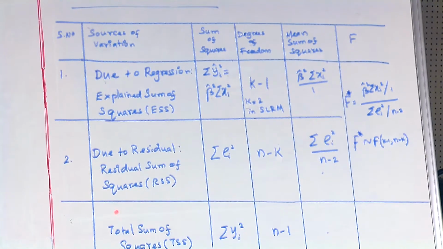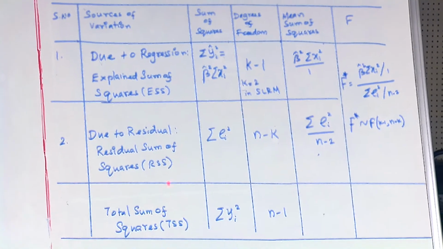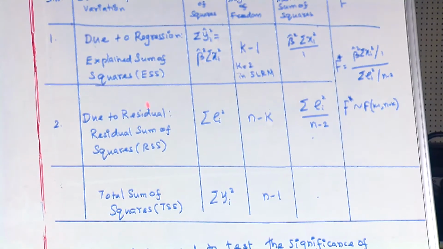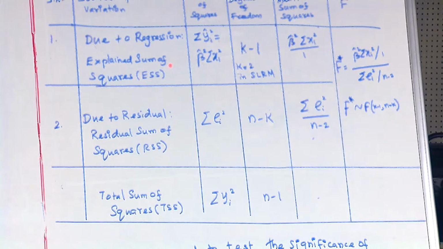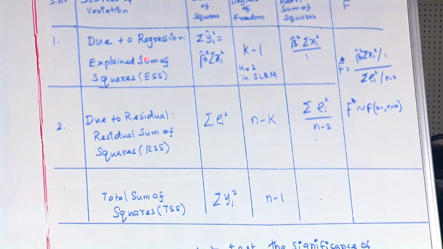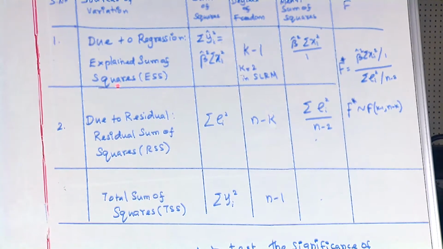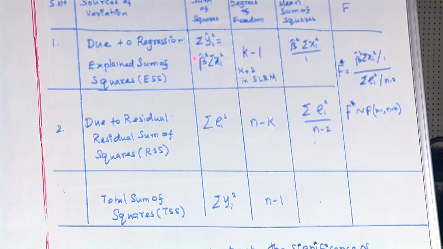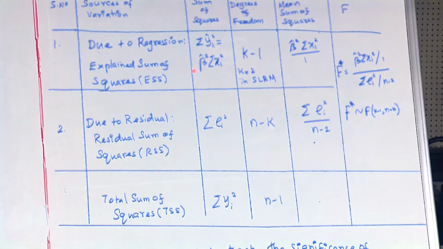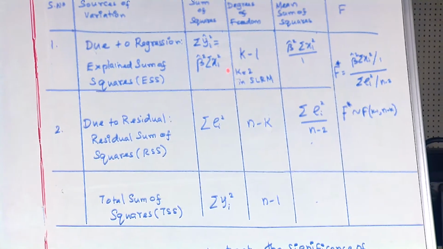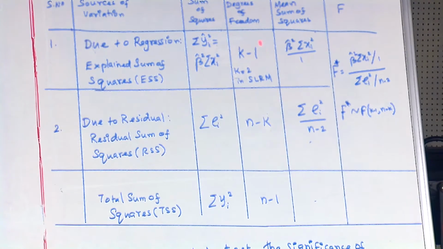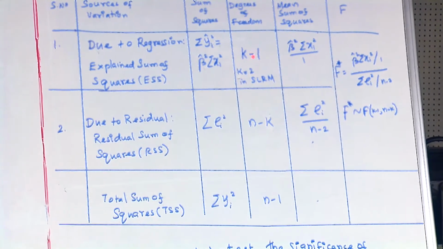So the total variation in y is decomposed into the variation due to the residual and the variation due to regression. The explained sum of squares we already know is defined as sigma y hat square, that is equal to beta hat square sigma xi square.